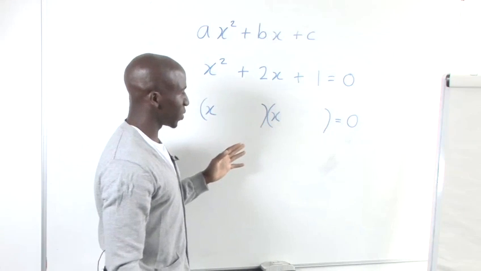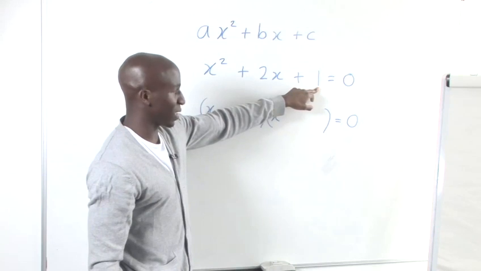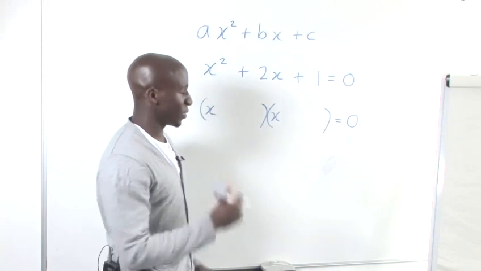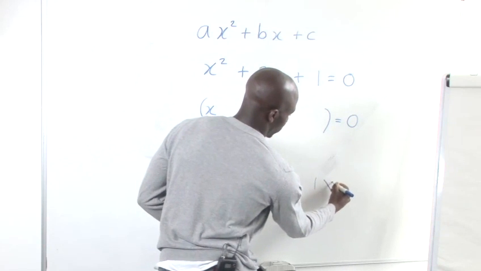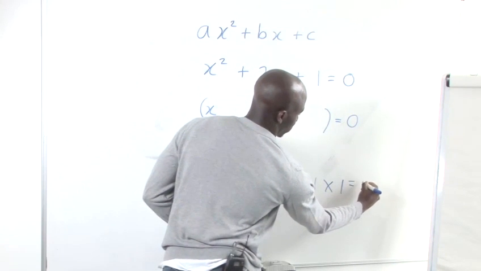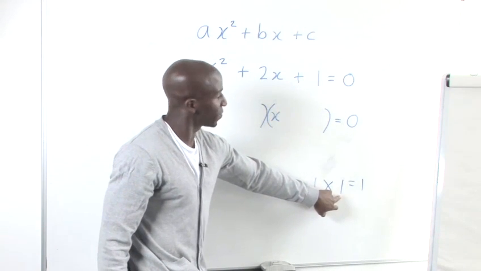Now the first thing we want to do is see what are the factors of this particular number, i.e. the constant. So the factors of 1 are basically just 1 and 1. So those are the only two numbers that we can use.